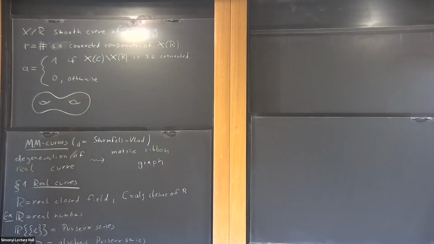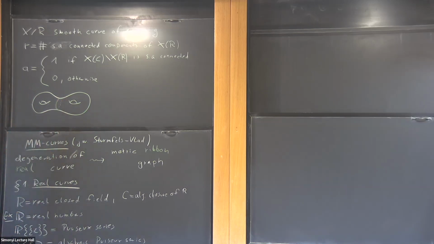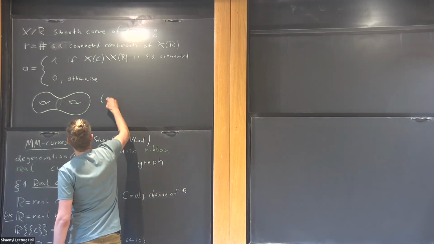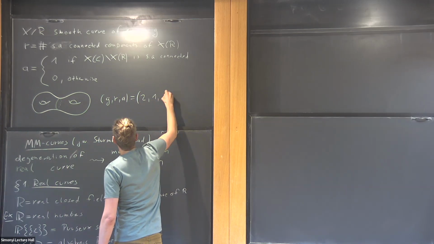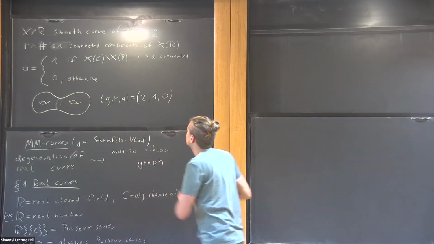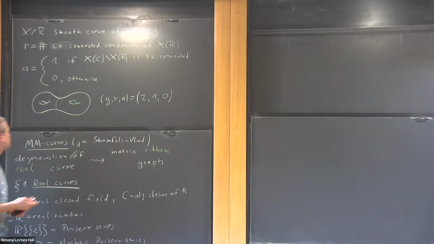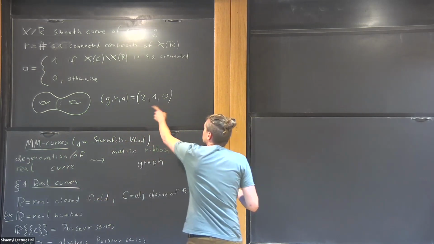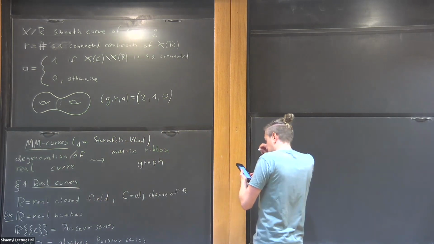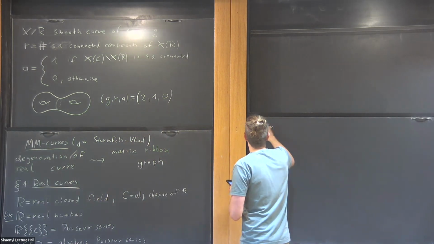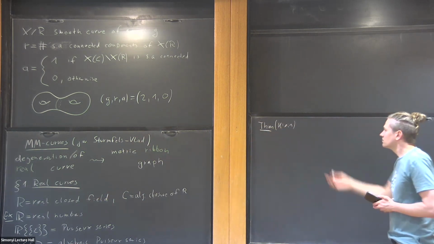Maybe just one example. So here you have... Now, one could ask which triples of natural numbers can appear as the triple.